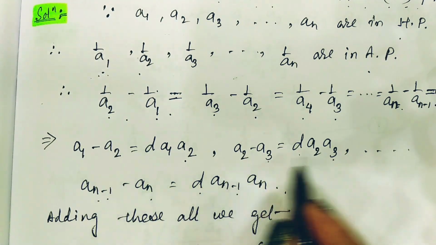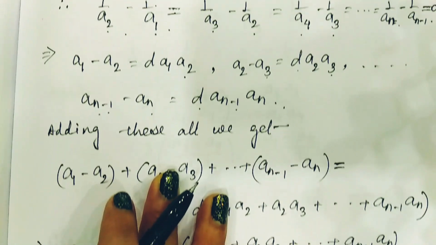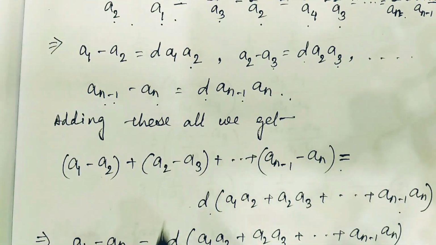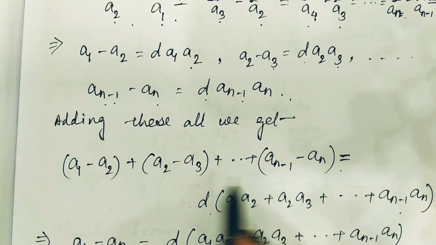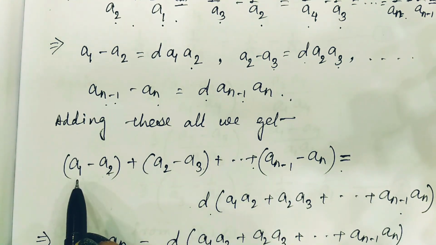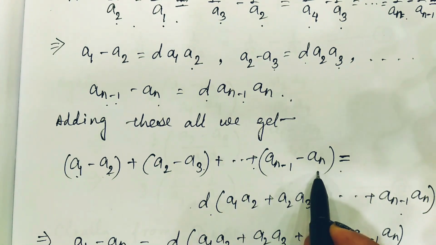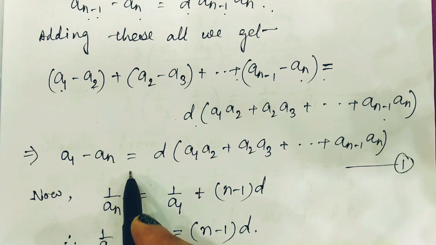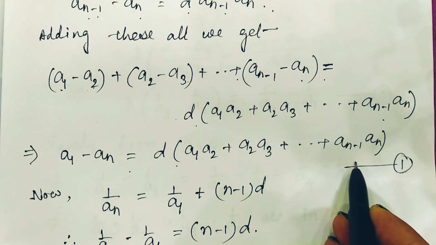Now if we add all these terms, then this addition is equal to D into this one. Just look, if we open up the brackets, then all these A2 cancels, A3 cancels, only remaining are A1 and AN. So after simplification we will find out A1 minus AN is equal to D into this entire term.